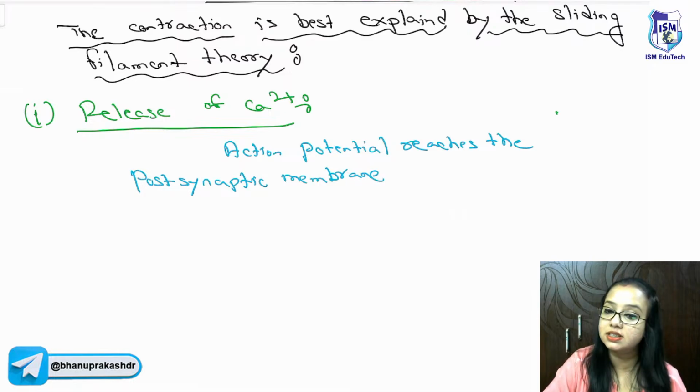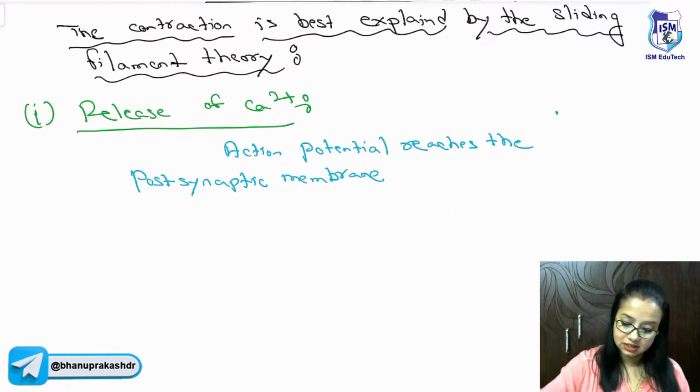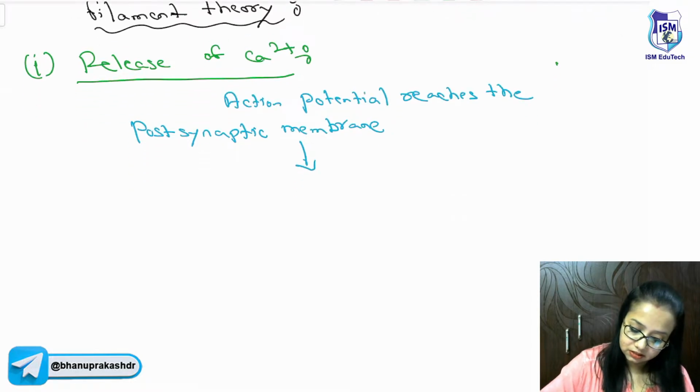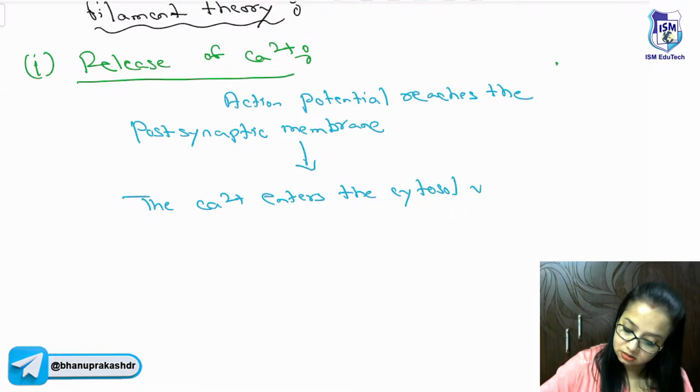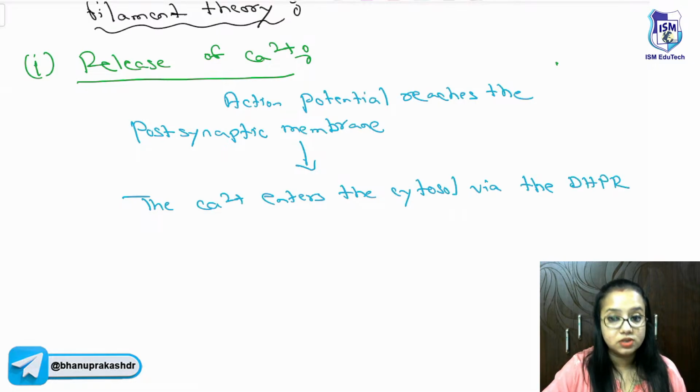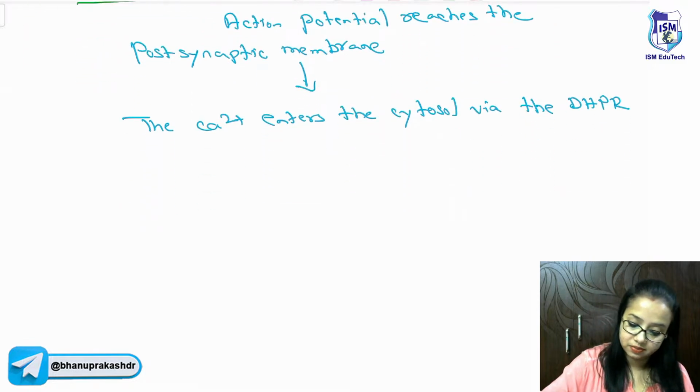So once the action potential reaches the post-synaptic membrane, after the acetylcholine has bound on the acetylcholine receptor and there has been a wave of depolarization generated, then what will happen? Then the calcium enters the cytosol via the dihydropyridine receptor, which are the voltage gated calcium channels.